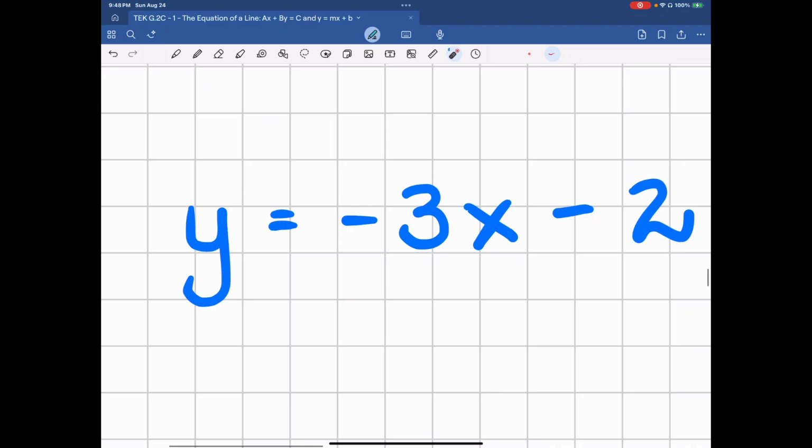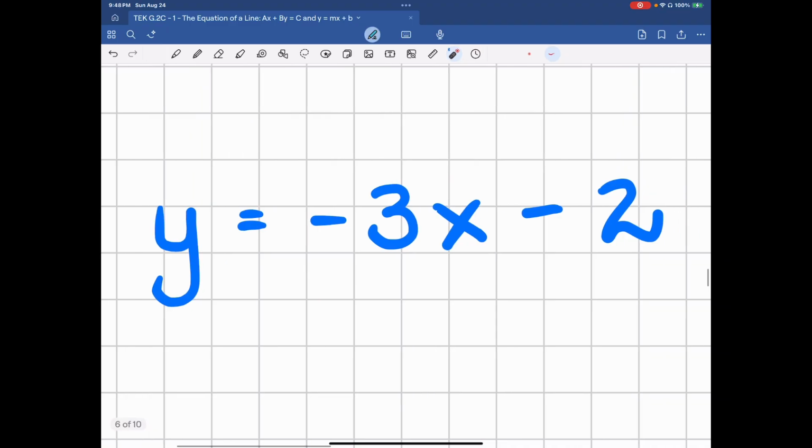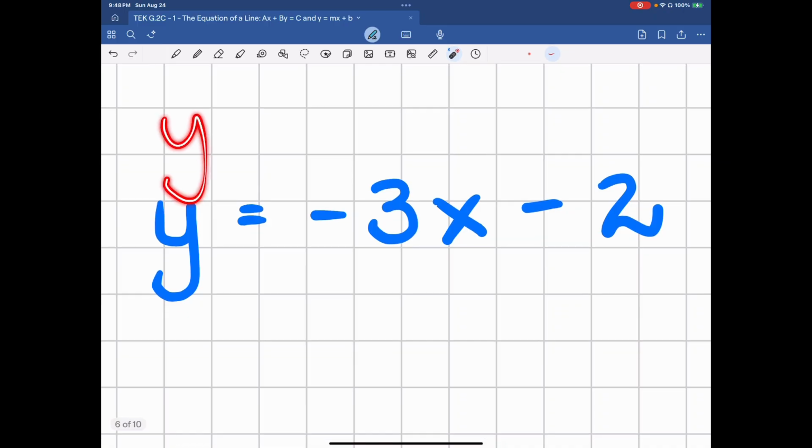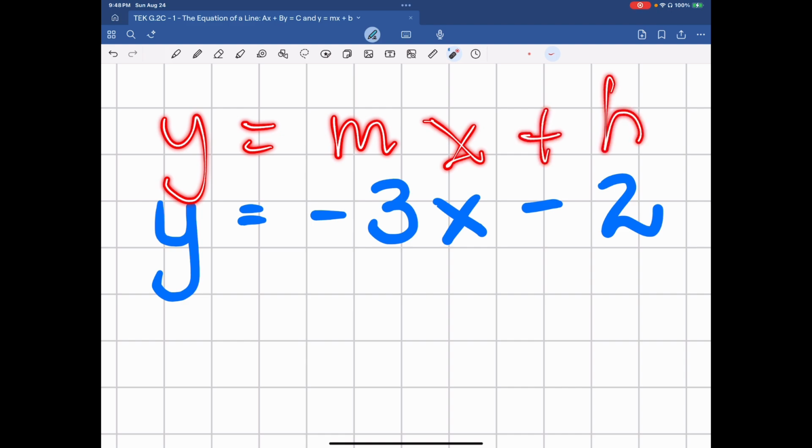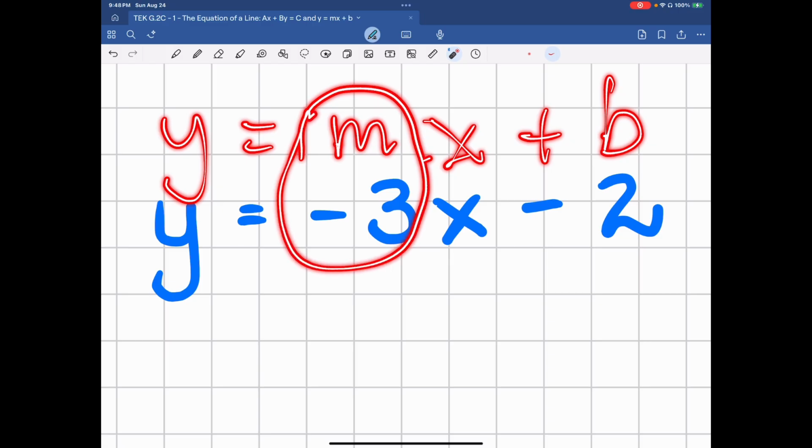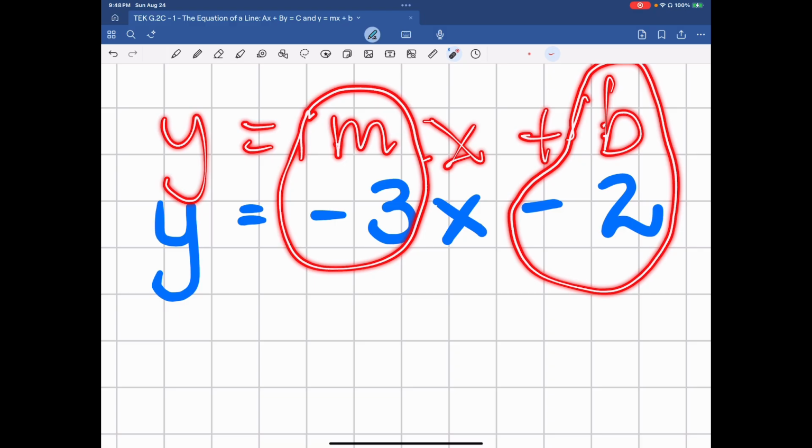Looking at the next example, y equals negative 3x minus 2. This is in slope-intercept form already. So we have our slope right here, and we have our y-intercept right here.